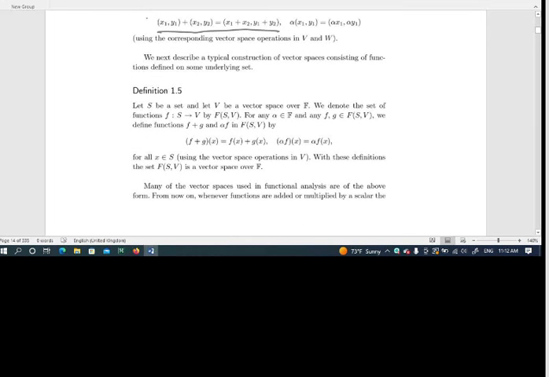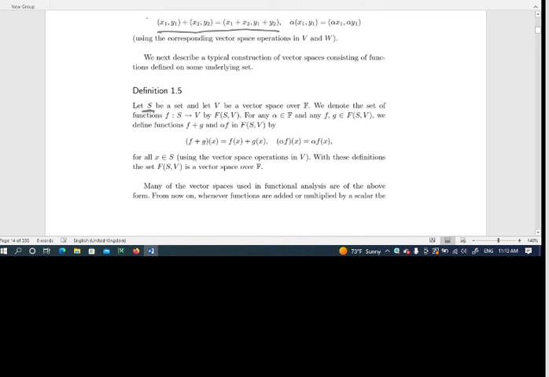Another definition. This is in fact an example. It's better to say this is an example of a vector space of functions. Let S be a set, and let V be a vector space.